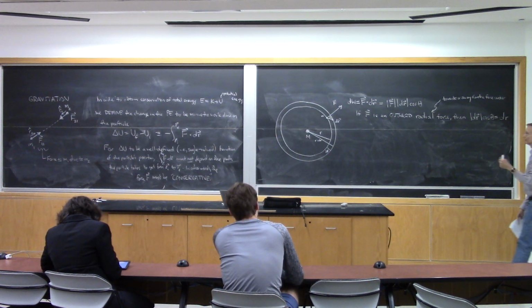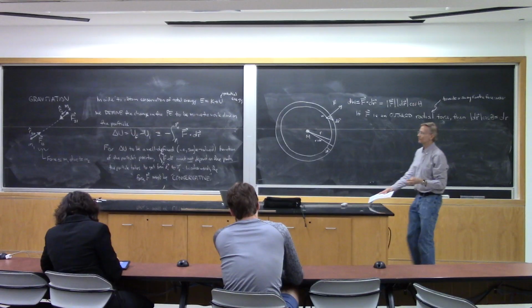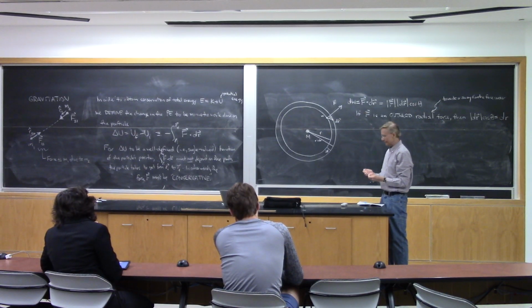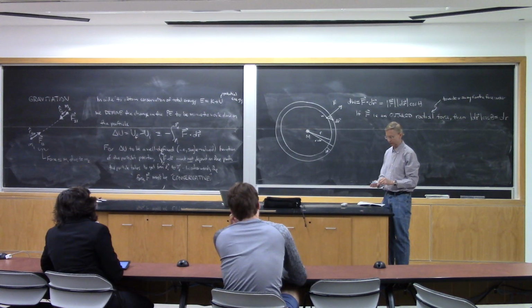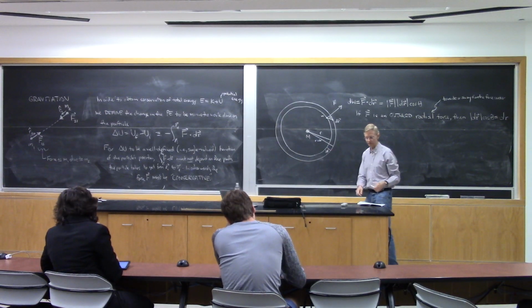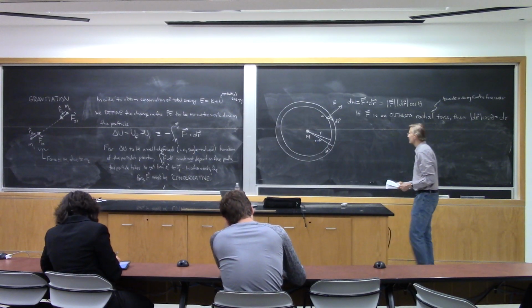In other words, this notation is admittedly a little sloppy, but it's what we do. D little r with no arrow on it is simply the change in the distance from the origin. It's just the difference in the radii of those two circles right there.